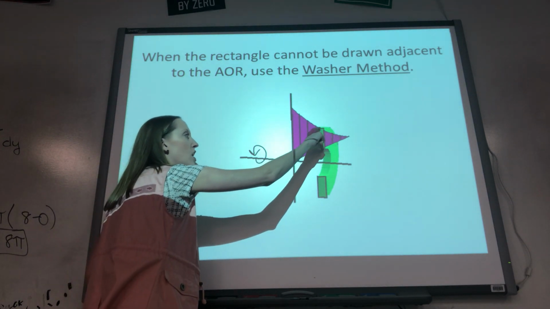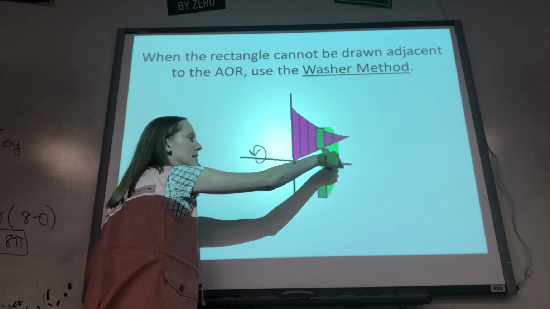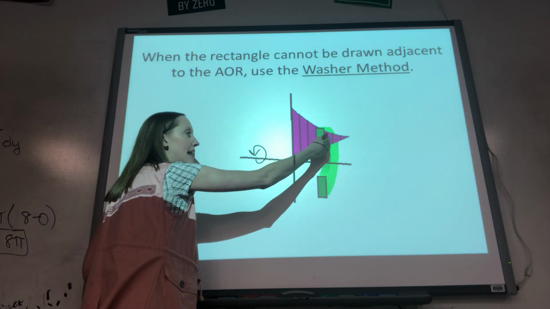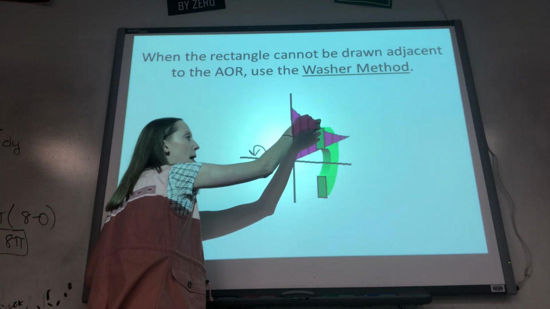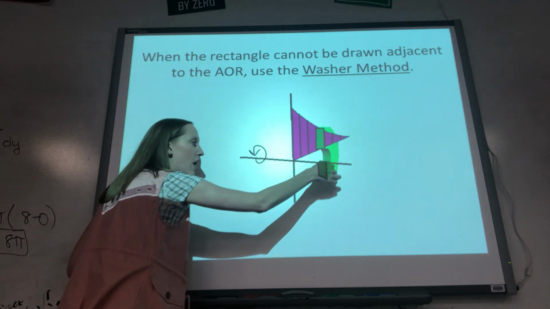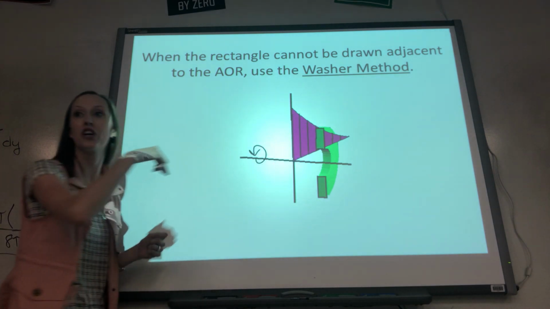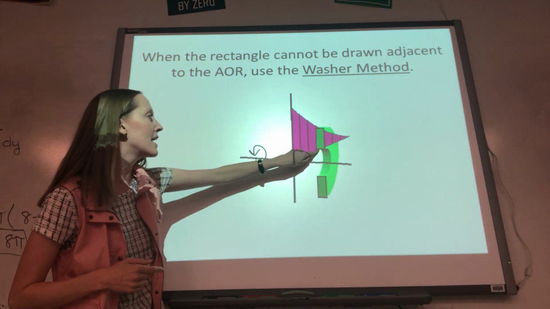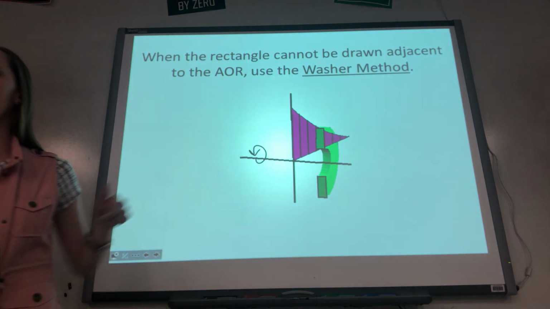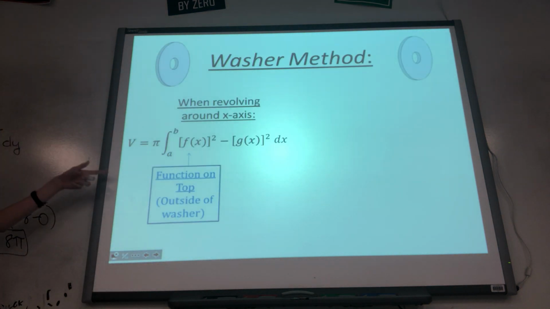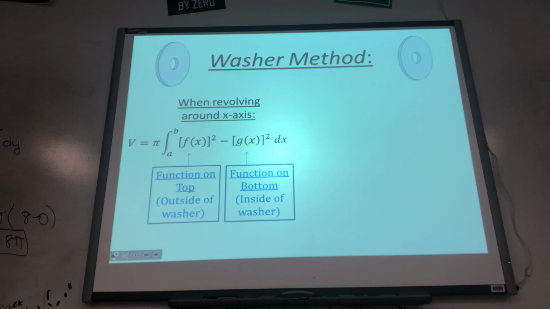And notice, when that rectangle is spun around the axis of revolution, that function on top is forming the outside of the washer. The function on bottom here, that part is going to fill in the inside of the washer. So that's the next part that I have here.